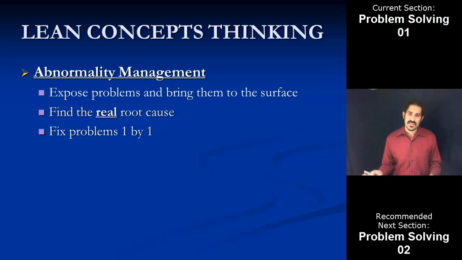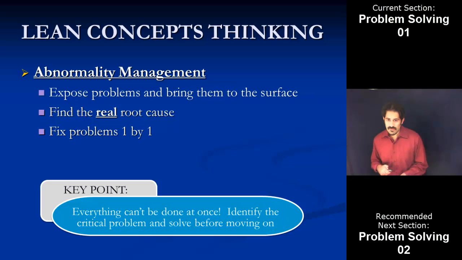And you could spend all day chasing and putting out fires. So if we don't focus on fixing our problems, making sure we get one fixed before trying to do everything, we can get buried. So this idea of one at a time, narrowing it down, fixing it piece by piece, is how we make sure with lean thinking that we're always making progress.